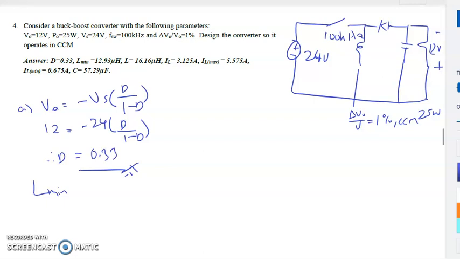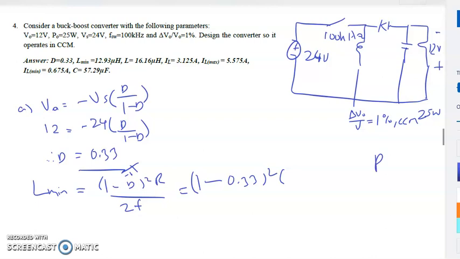So for CCM, the minimum inductor value should be (1 minus D) squared times R divided by 2F, which is (1 minus 0.33) squared times R. But R here we have to calculate from the circuit, which is P equals V squared over R. R equals V squared over power.